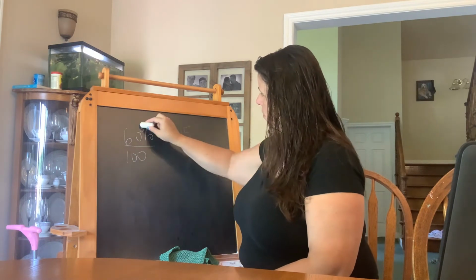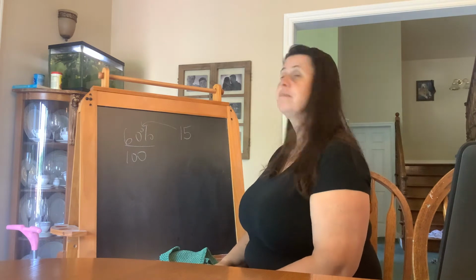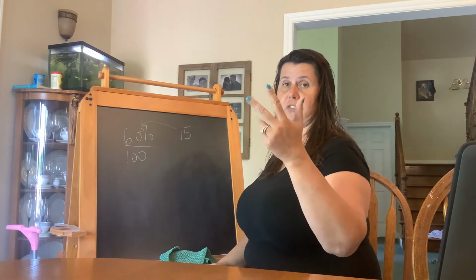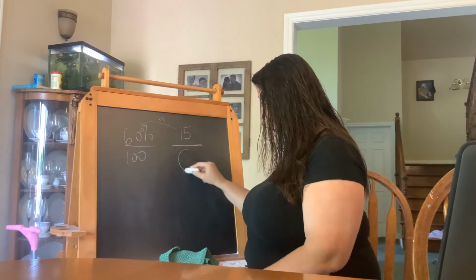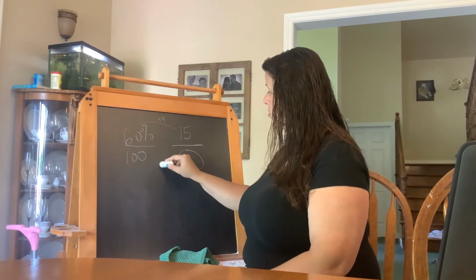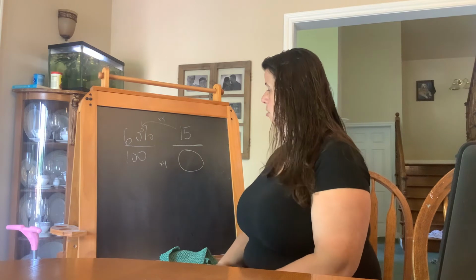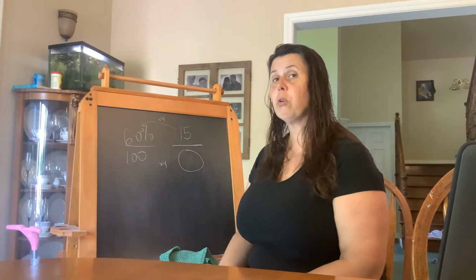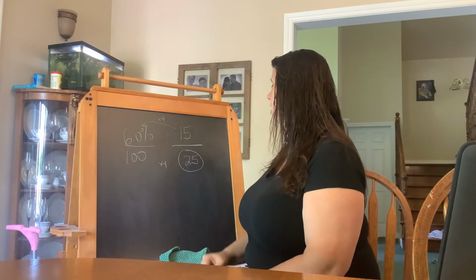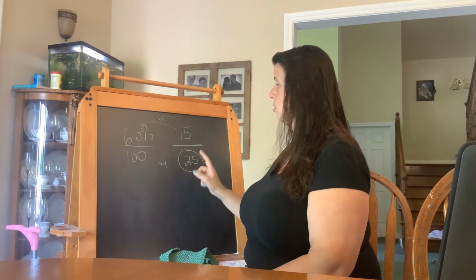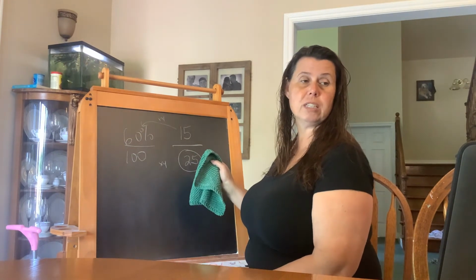How do we get from 15 to 60? 15, 30, 45, 60, times 4, which means that this number has to multiply by 4 to make 100. So what times 4 gives you 100? 4 times 25 makes 100, 25. So that means there's a total of 25 beads in the box.